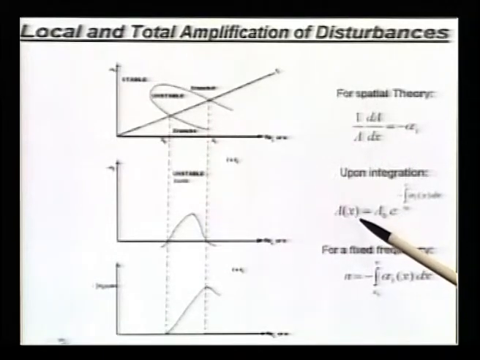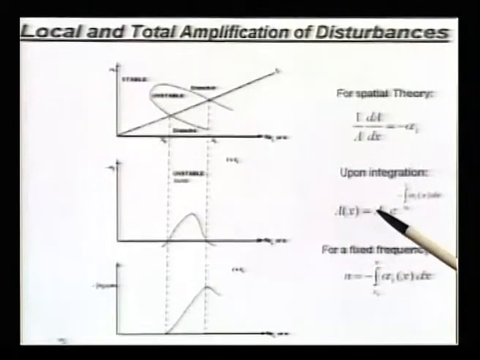So, what I have done is, I have written that ln A, I have gone from an initial station x naught to some current station x. At that initial station x naught, let me call that amplitude A naught. Then at the current station, I have the amplitude A of x.